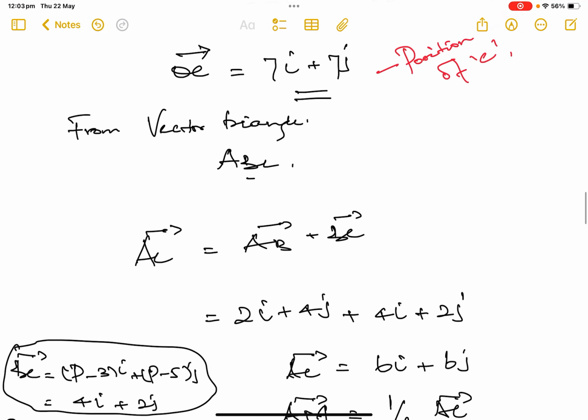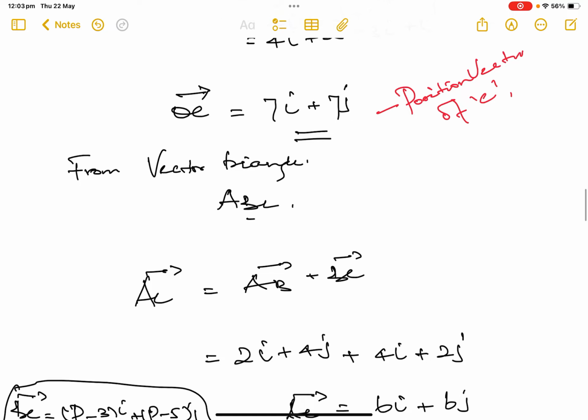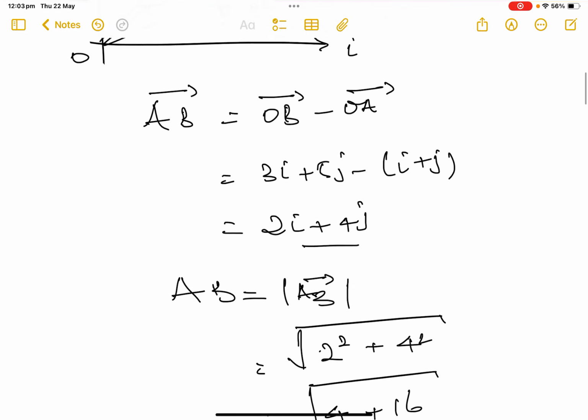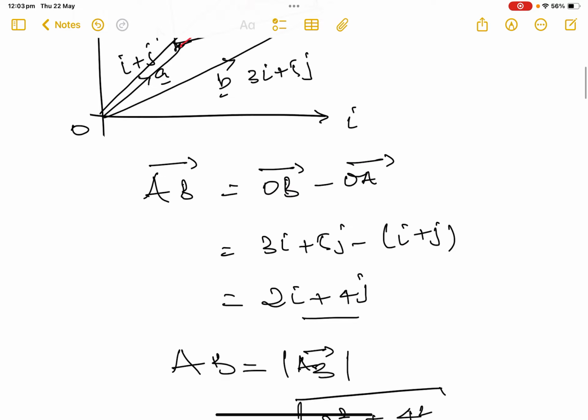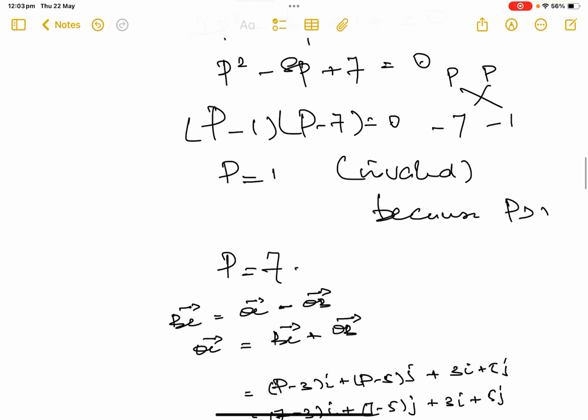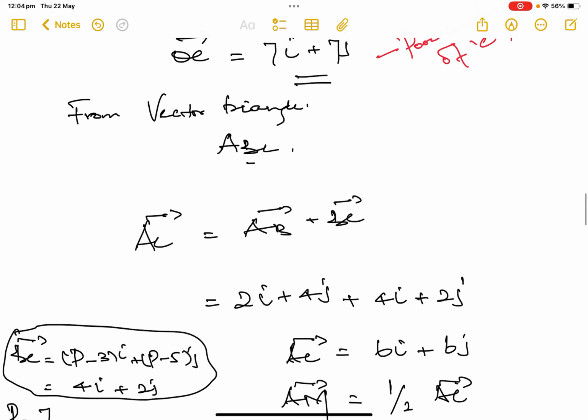All right. Let's look at vector triangle ABC. From that vector triangle ABC, AC equals AB plus BC. AB we already found in the first part, 2i plus 4j.